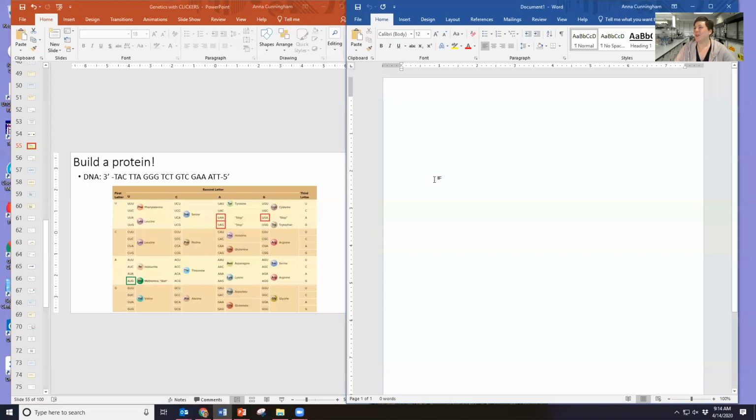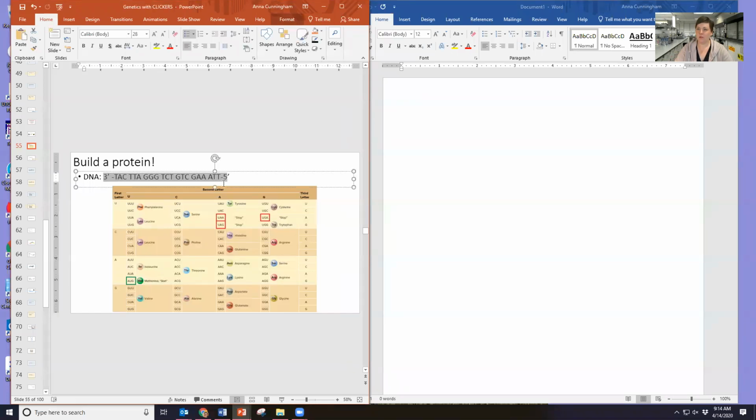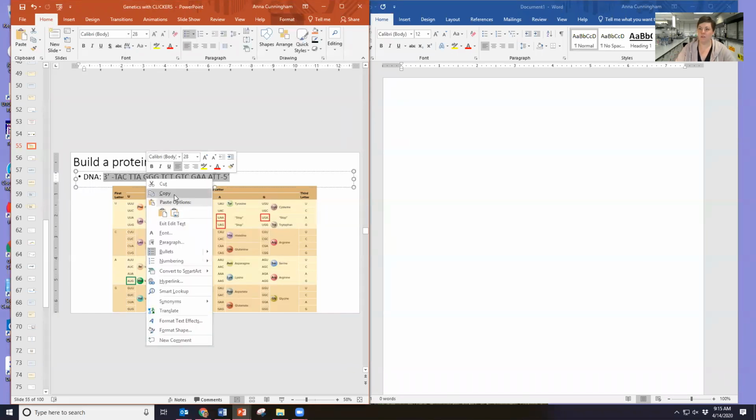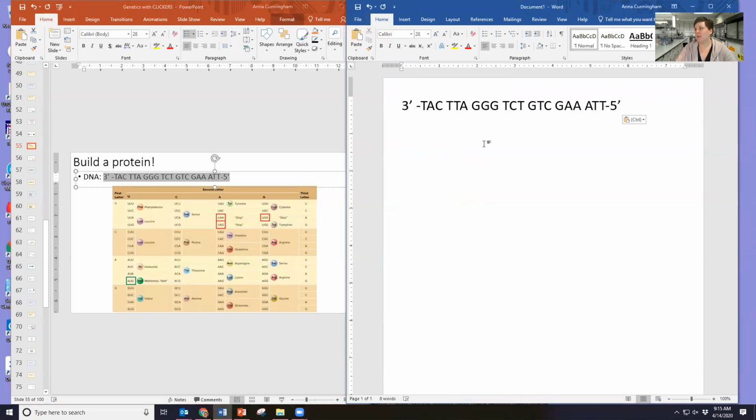Okay, so for this slide, please note that what we were given is this DNA strand. We were given our DNA as 3' to 5'.